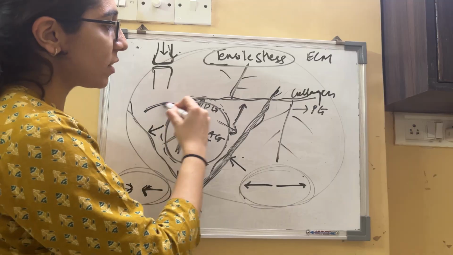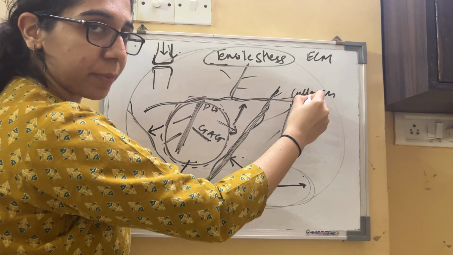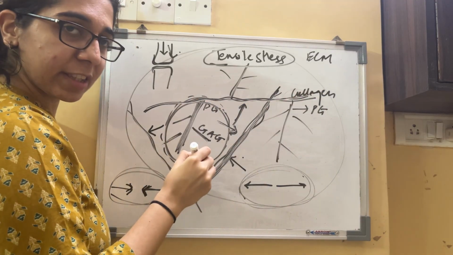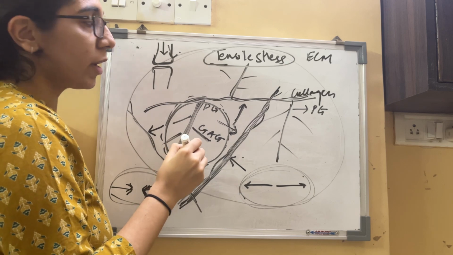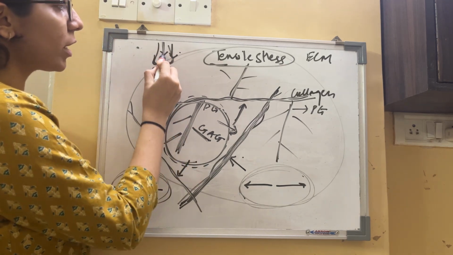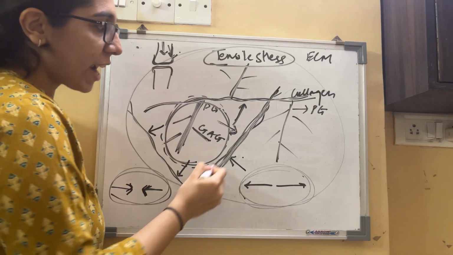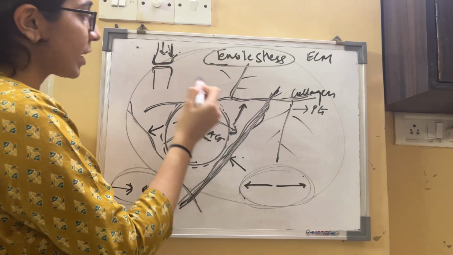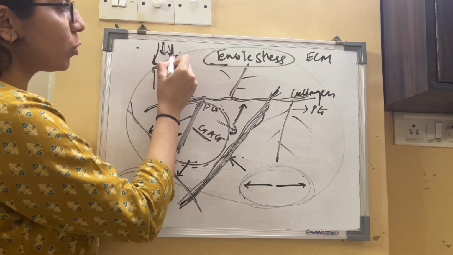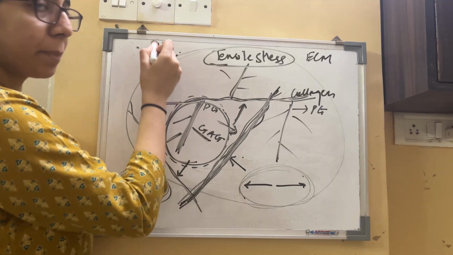So these strands will now become stiffer, and this stiffness is going to help in redistributing the joint load. When these strands get stiffer, that helps in redistributing the compressive forces that are being placed on the joint.